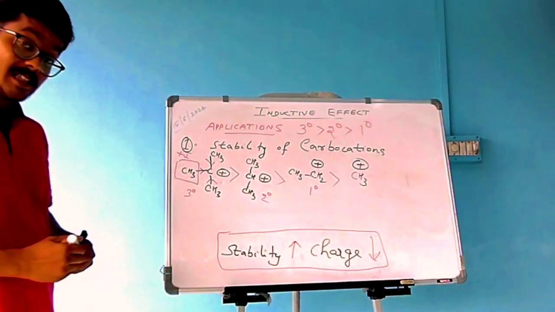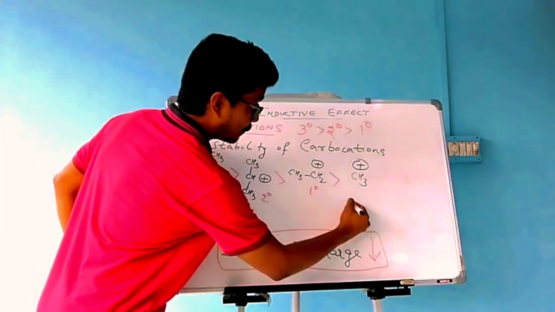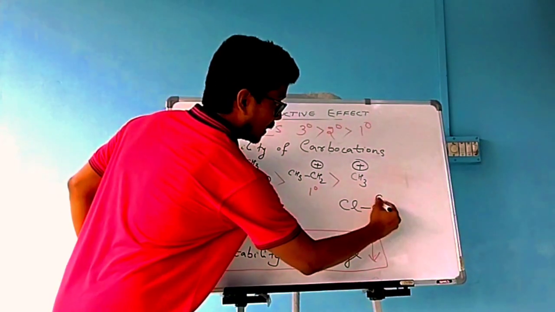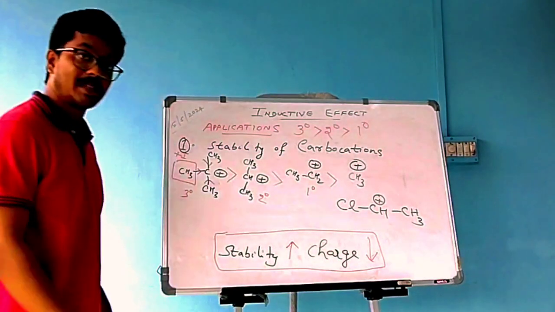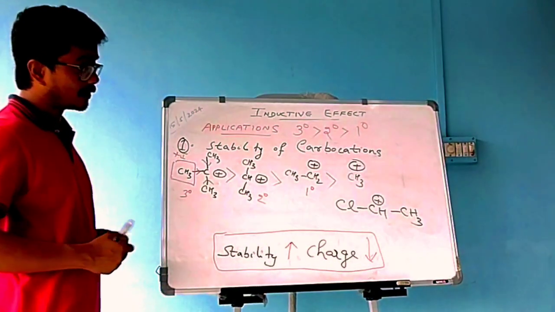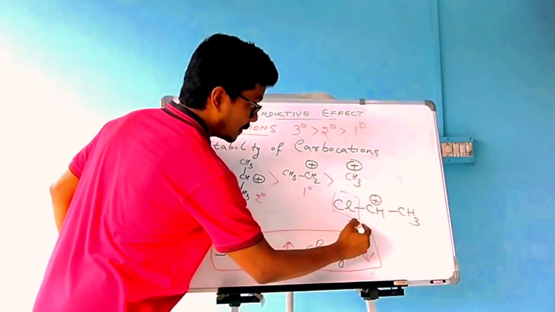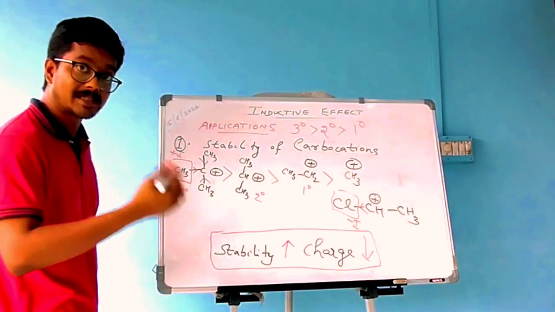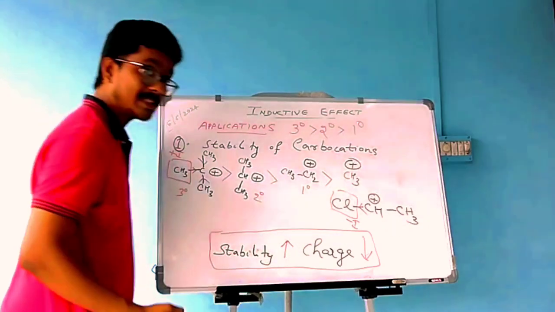So what is the effect of a minus I group on this carbocation? Suppose a chlorine atom is attached to a carbocation. This chlorine has a minus I effect, so it will withdraw electrons from the central carbon.